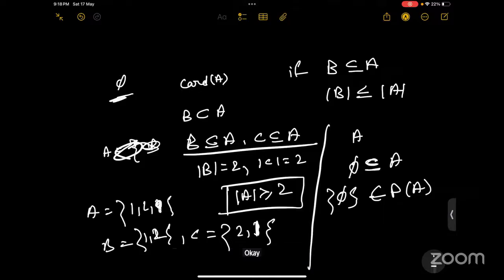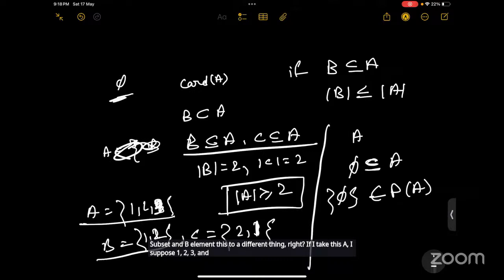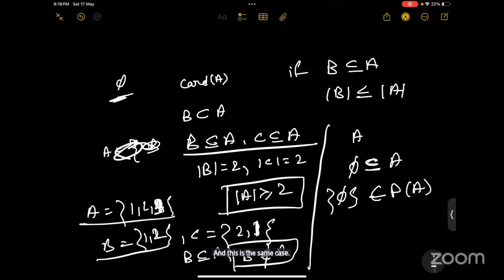If I take A as, suppose, {1, 2, 3} and B as {1, 2}, then B is a subset of A, but we cannot say that B belongs to A, and this is the same case, right? We cannot say that B belongs to A, but B is a subset of A, right? So phi is a set. Now you have a set which collects the numbers. Now a set cannot be an element of that set, right?